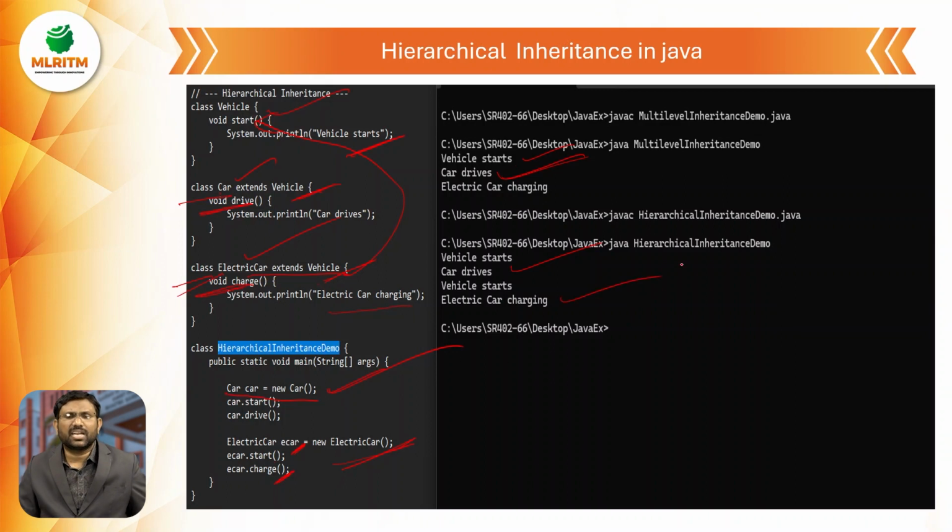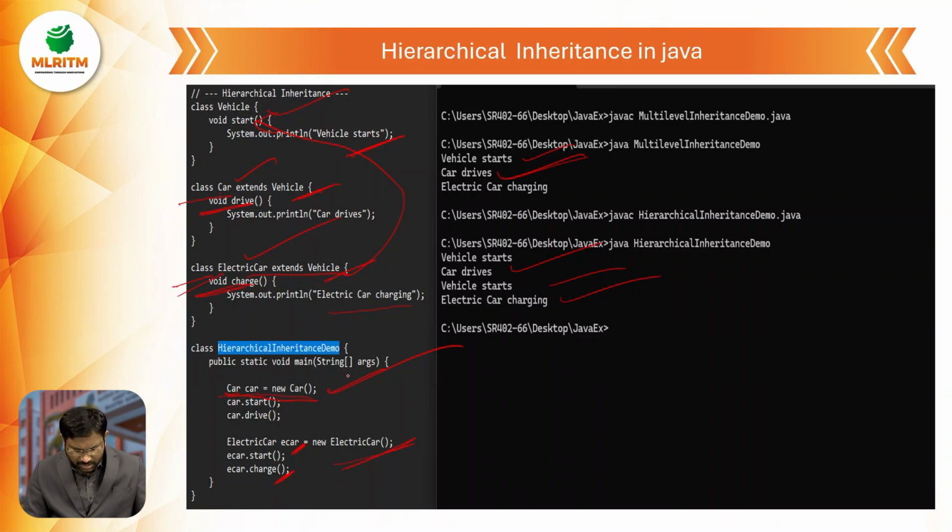So here in hierarchical inheritance, Car can extend the properties of Vehicle, and ElectricCar can also extend the properties of Vehicle. So for Car we get two outputs, and for ElectricCar we also get two outputs. Here Car is the class name, this is the reference variable, and new is the memory allocation.